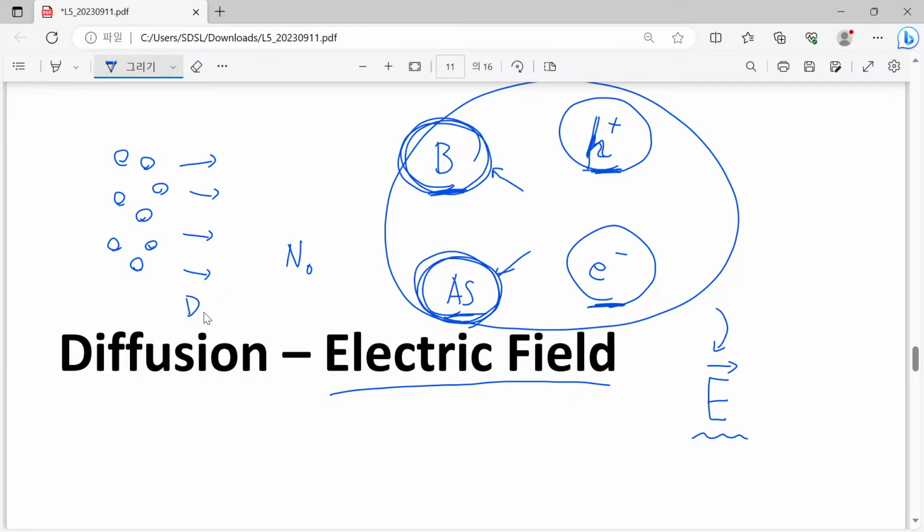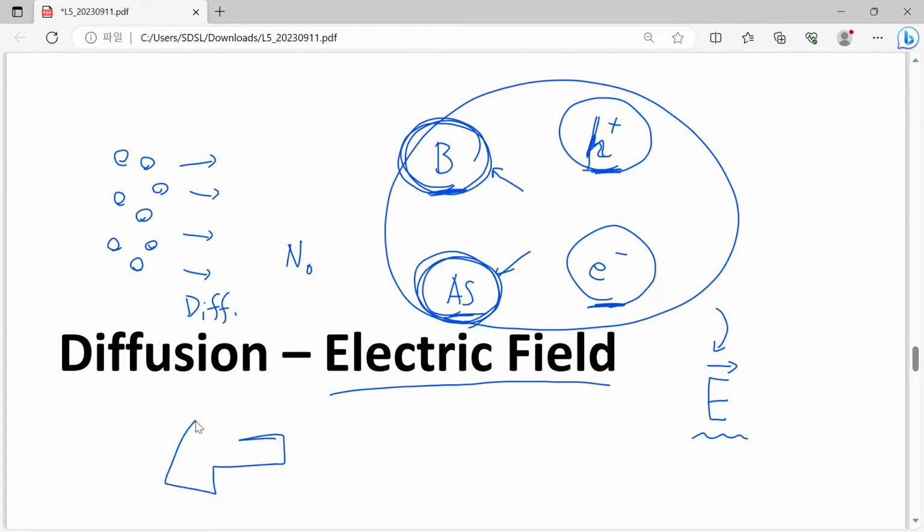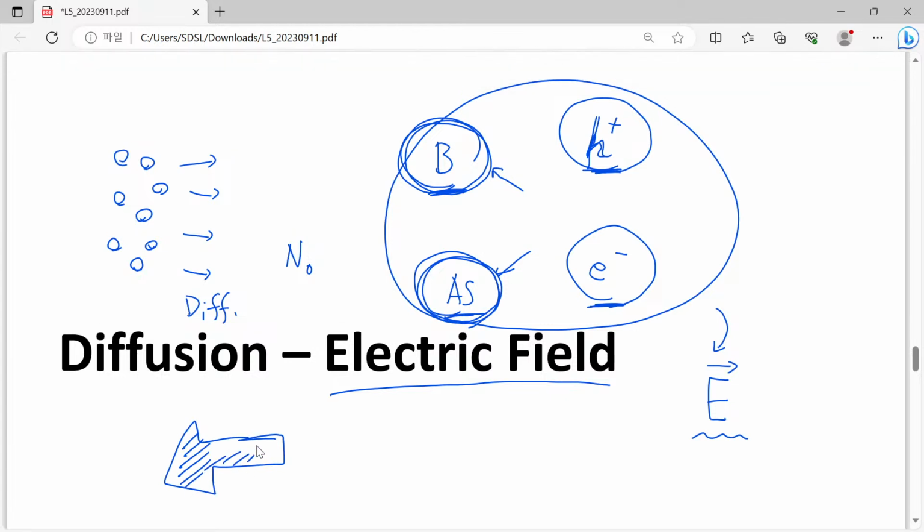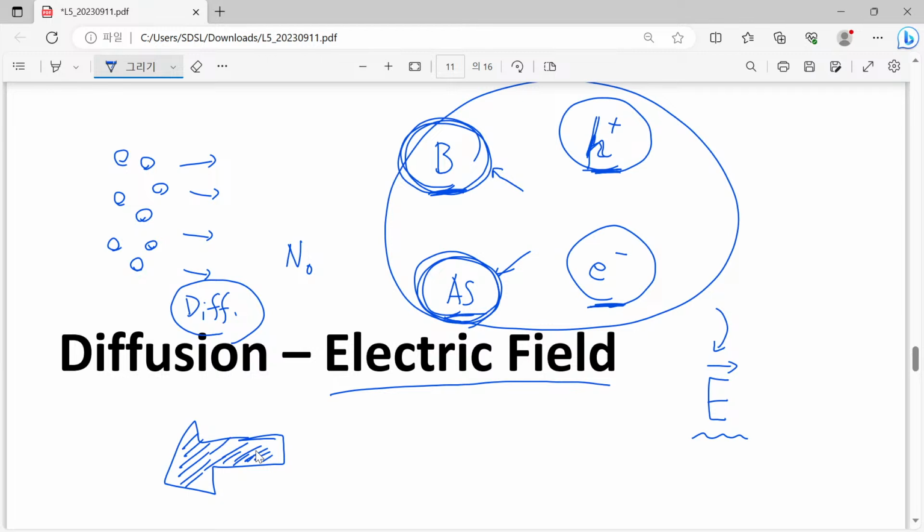This is diffusion, but let's assume that there is a strong electric field built for some reason. Then what will happen? If we have this kind of configuration, then the diffusion of our arsenic atoms will be reduced by the action of the electric field.